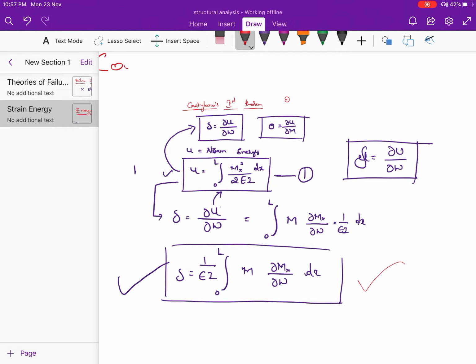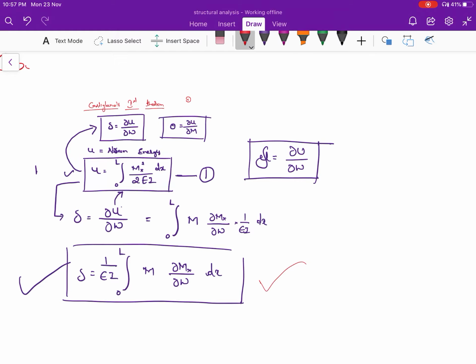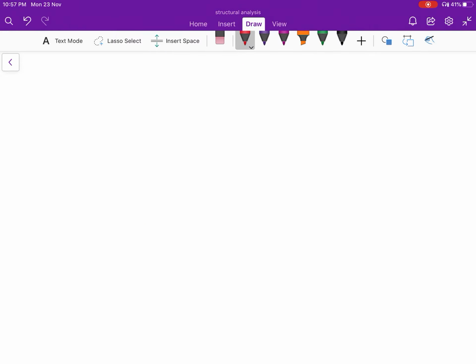Let me take one example problem for solving the numerical. Let me take a structure like this, fixed at this end, and a concentrated load W is acting at this point.